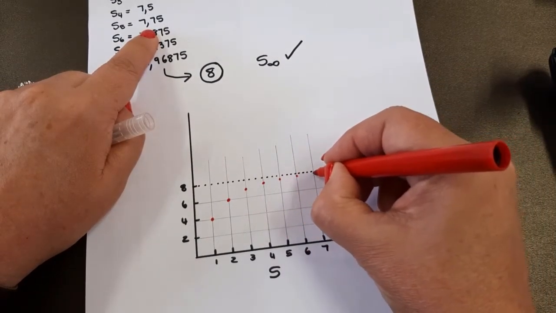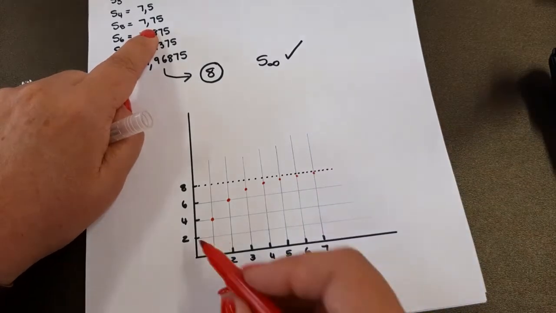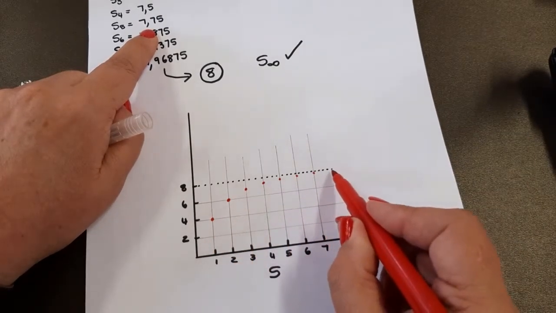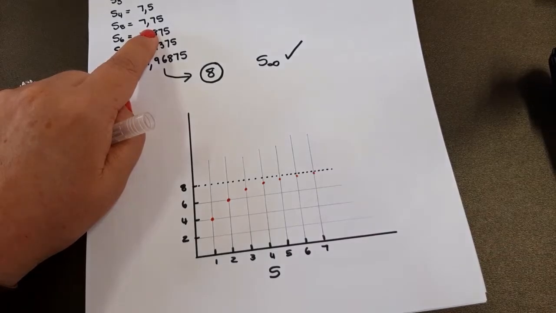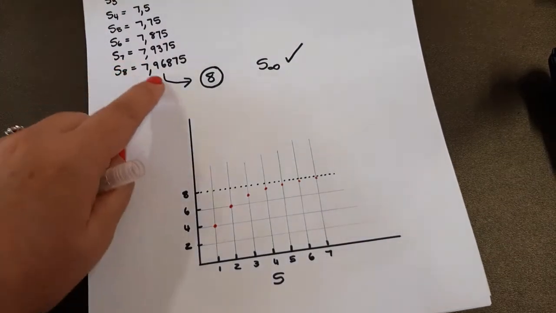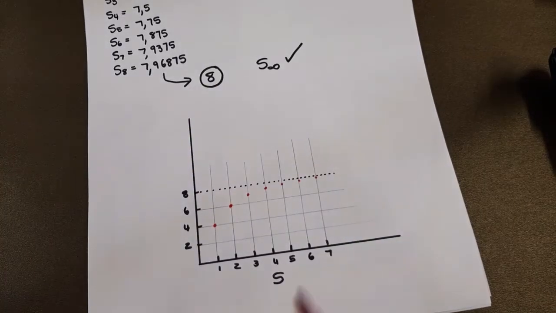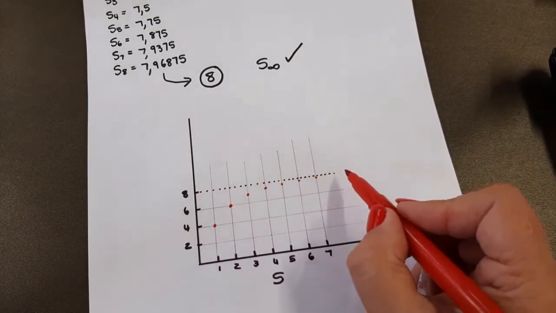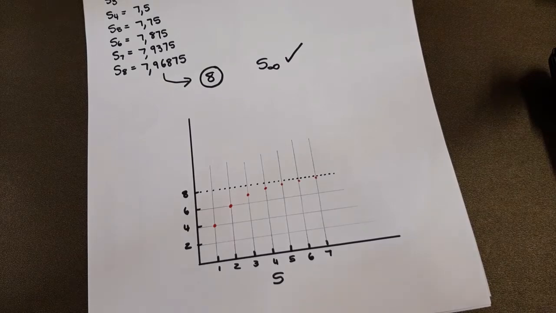And you will see it goes closer and closer to the 8 line, but it will never reach 8, although we said that it converges to 8. So this 8 is almost like an asymptote.